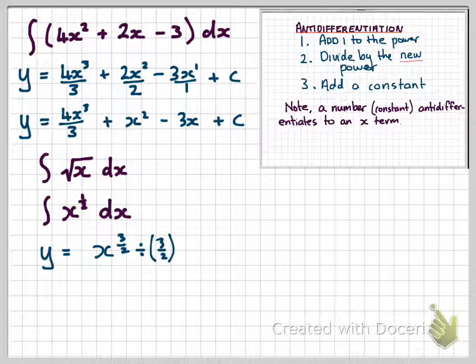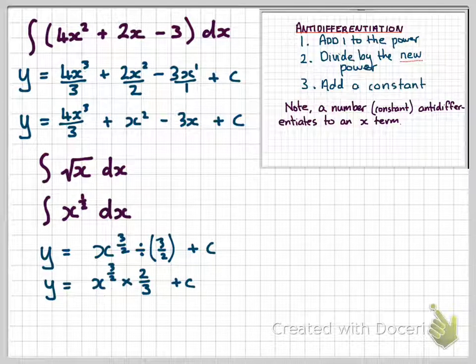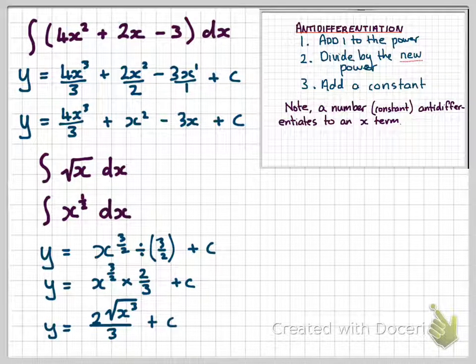And I'm putting it beside each other because we normally don't have something over a fraction. I add a constant. Now I'm going to take that fraction, turn it upside down and multiply. And then there's my 2/3, and the 2 for the x power means square root. It's the square root of x cubed. And that's how we tidy it up.